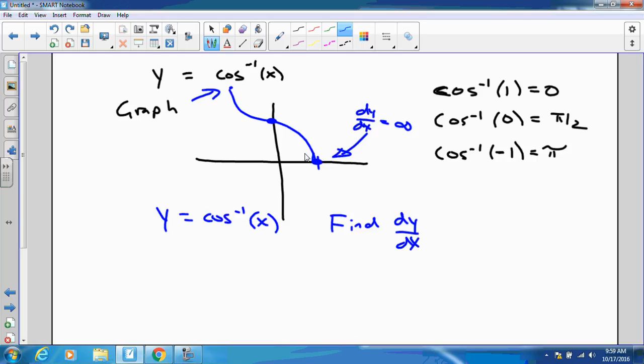The derivative when x equals 1 and -1 is infinity.